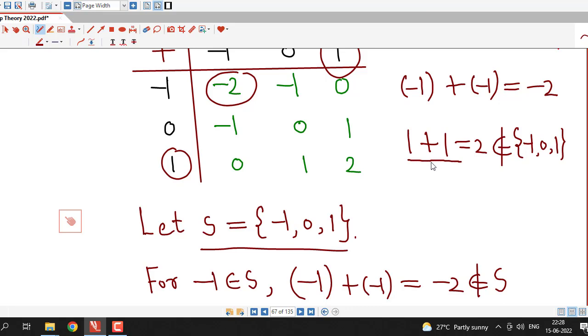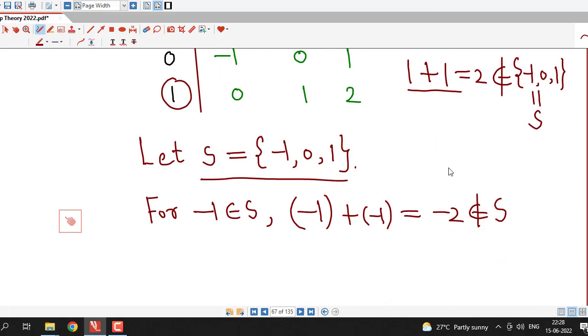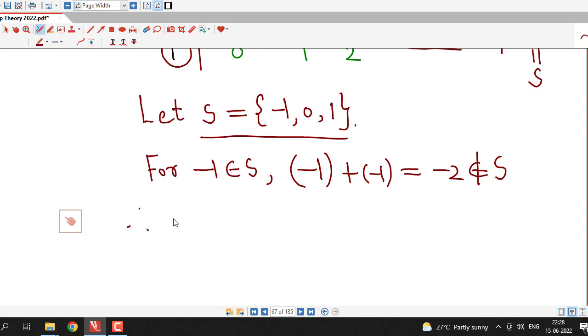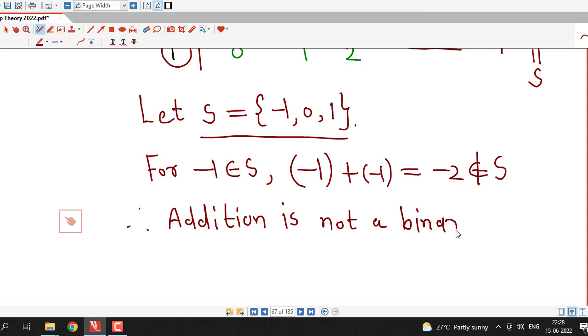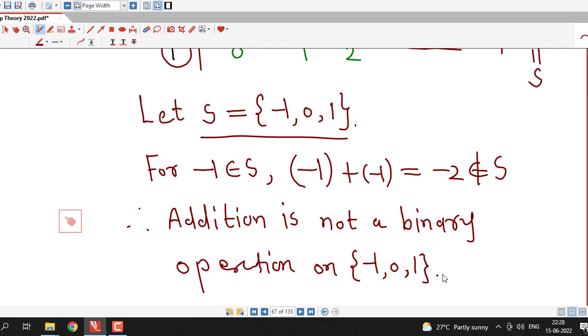For 1 belongs to S, 1 plus 1 is 2, which is not in S. So therefore we can say that addition is not a binary operation on the given set which is -1, 0 and 1.